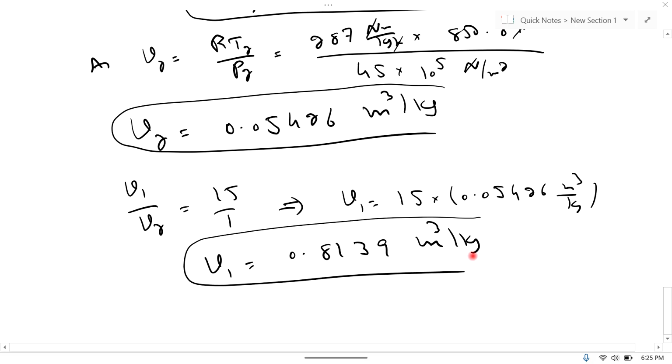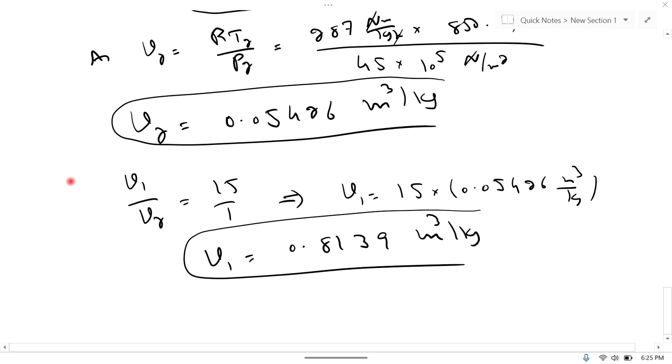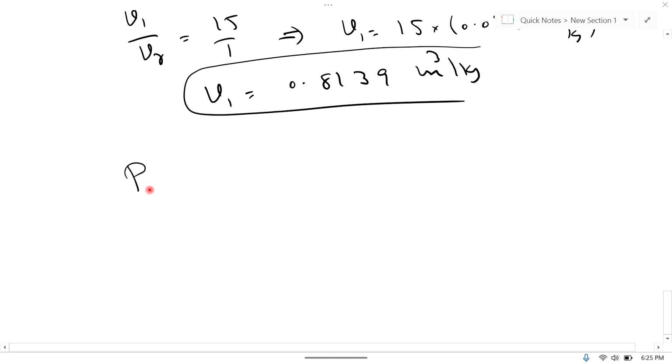Now we can easily find mean effective pressure. Mean effective pressure is denoted by Pm, which is equal to the area under the curve on the PV diagram, which is net work, divided by V1 minus V2. So net work is equal to 636.75 kilojoule per kg.